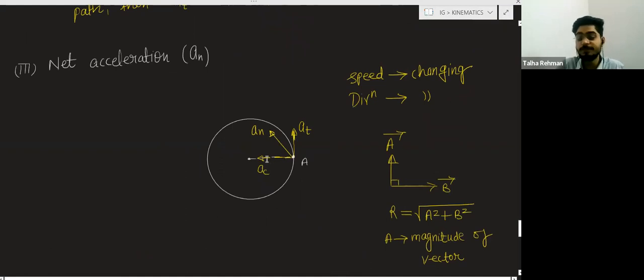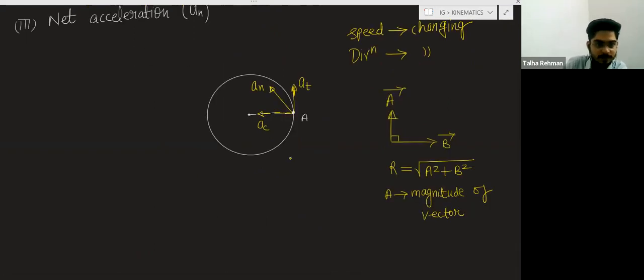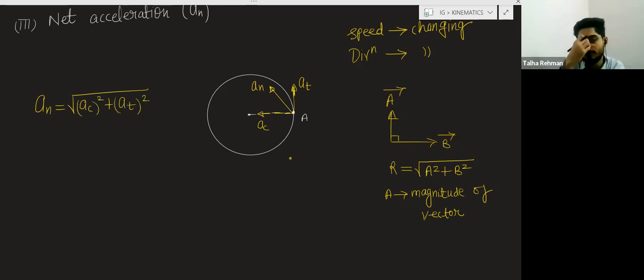Both the accelerations are perpendicular. So how will you calculate the net acceleration? Under root of the magnitude of centripetal acceleration square plus the magnitude of tangential acceleration square. Okay.